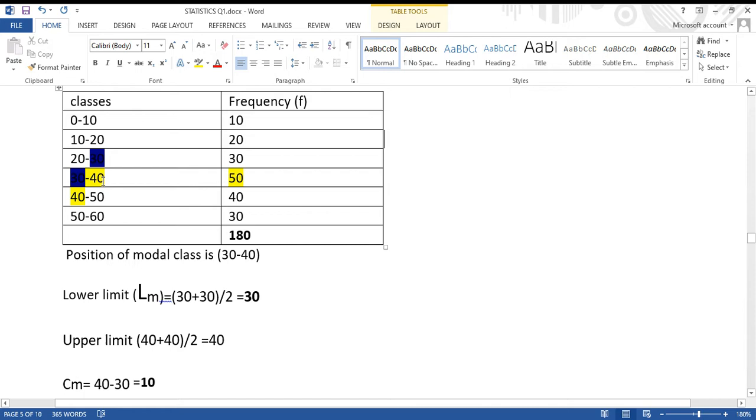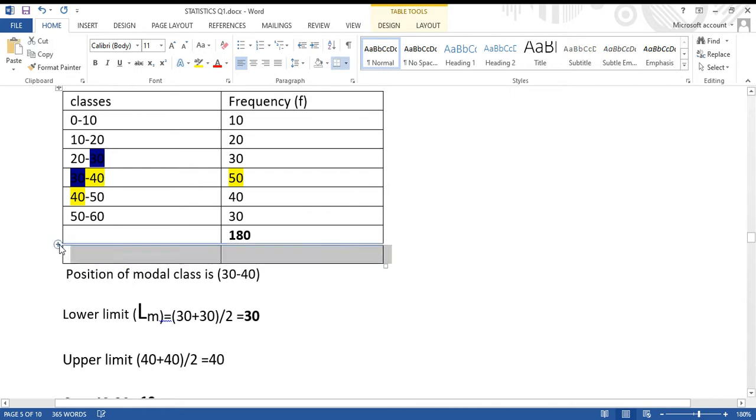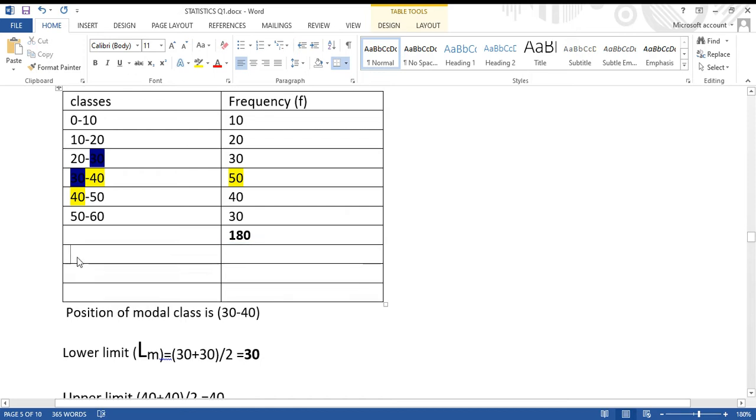So the point that I was trying to stress here, let me just illustrate it. For these ones, if the classes were like this, you would still do the same.